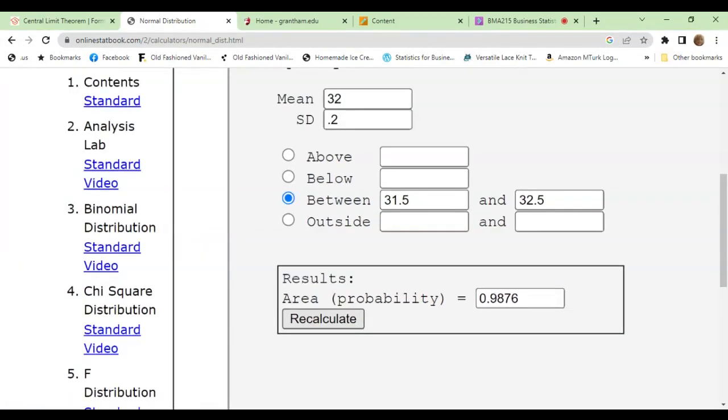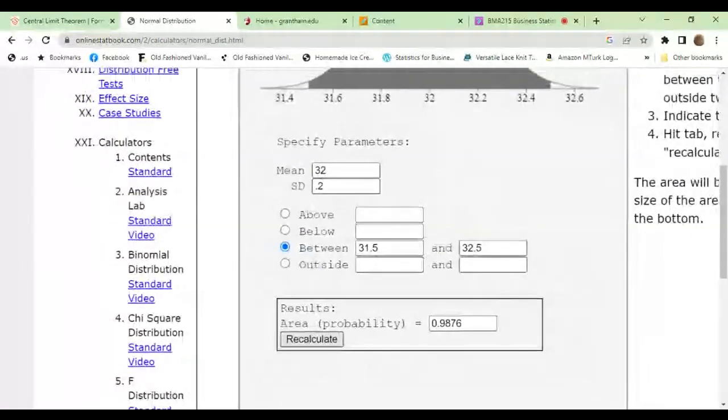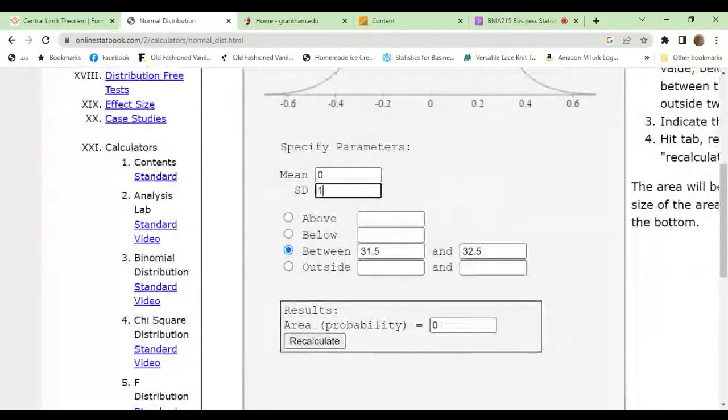So you immediately get an answer without doing any work. You don't have to find the z-scores. Again, if you wanted to do the z-scores, you would just go back to the standard normal curve and find the z-score for 31.5, find the z-score for 32.5, and it would give you the same answer. That's a little too much work.